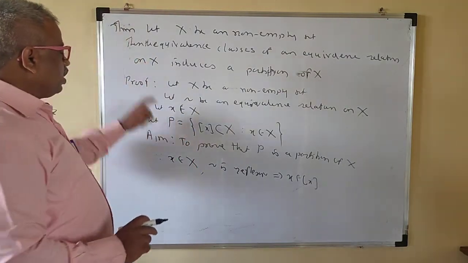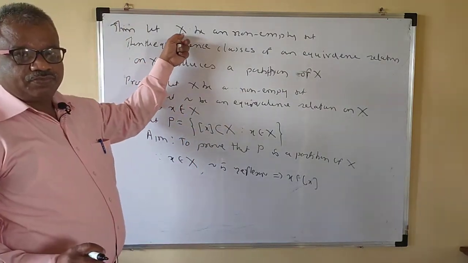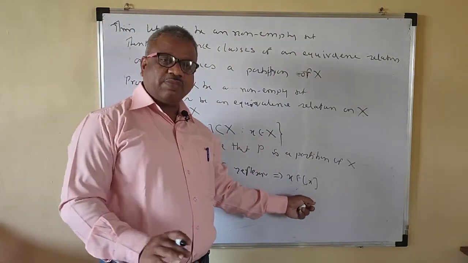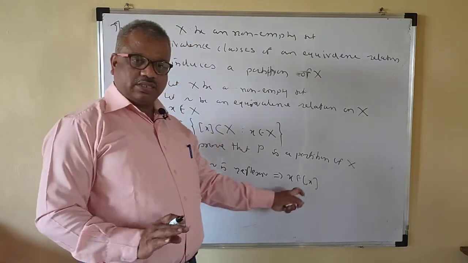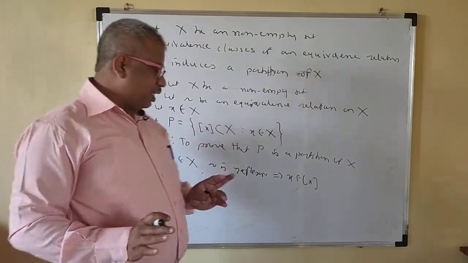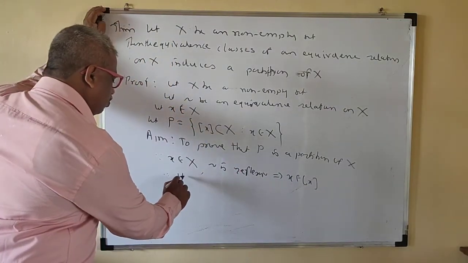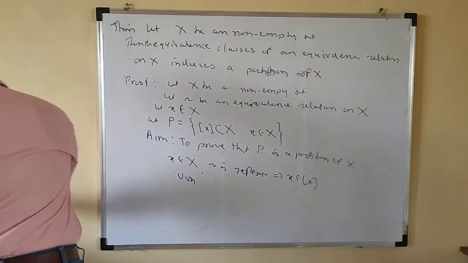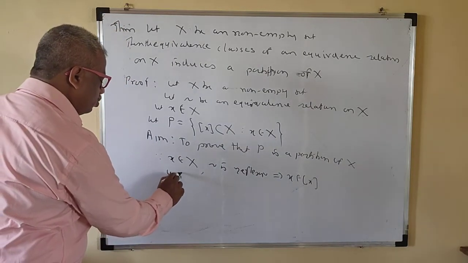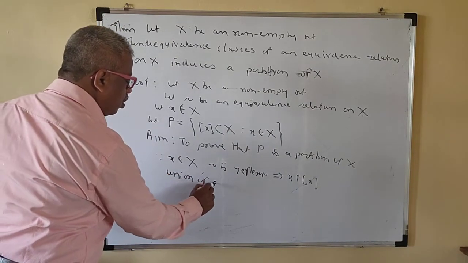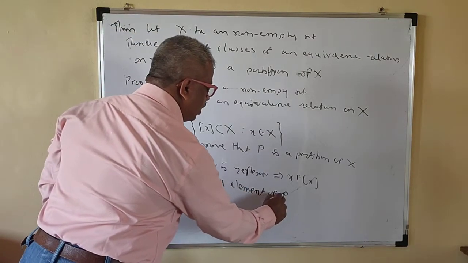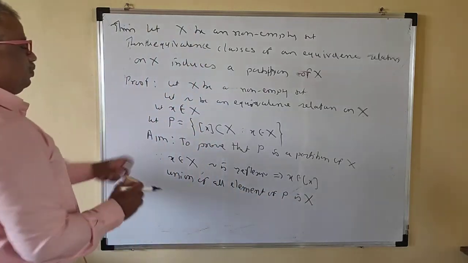So if you take any element of X, it is always in its equivalence class. So if you take the union, this is capital X, right? Therefore, the union of all elements of P is capital X.